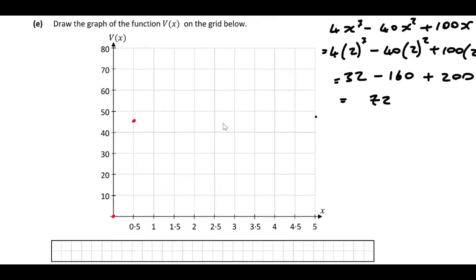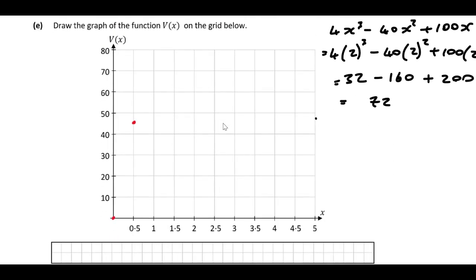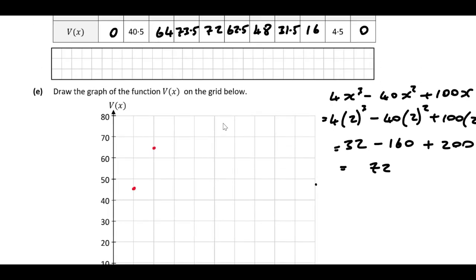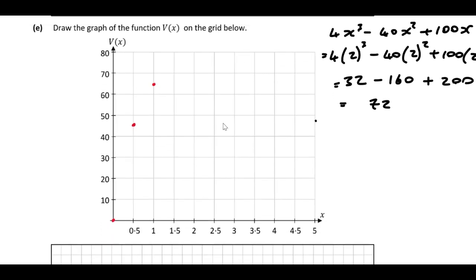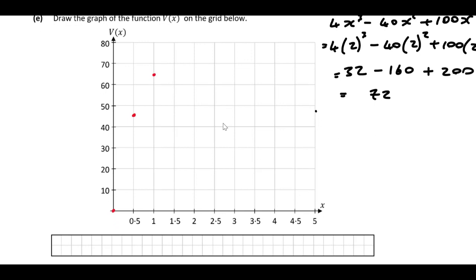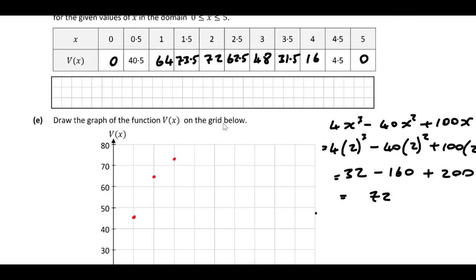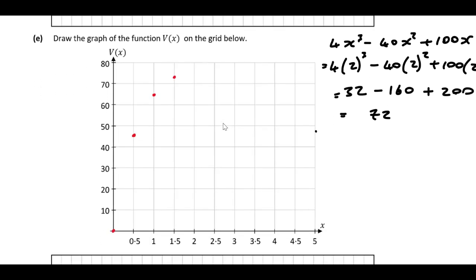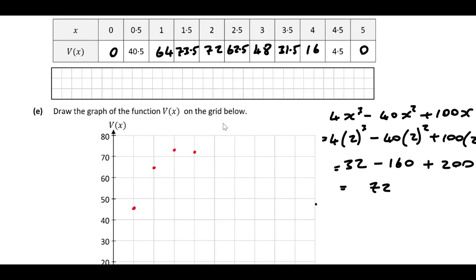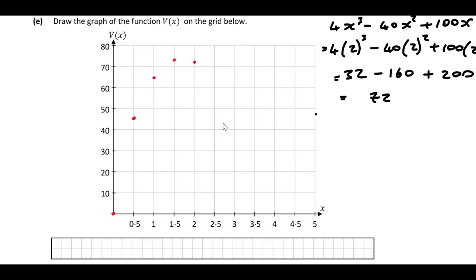Next one is 1, 64, so 1 and 64 is around there somewhere. Then we've got 1.5, 73.5. 73.5 is going to be around here. 2 is 72, so we've got to go around here. 2.5, 62.5. 62.5 is going to be around here.